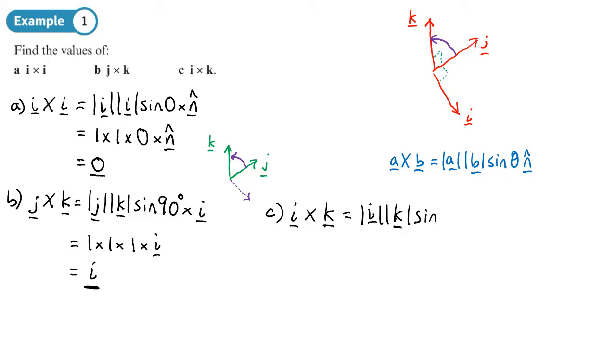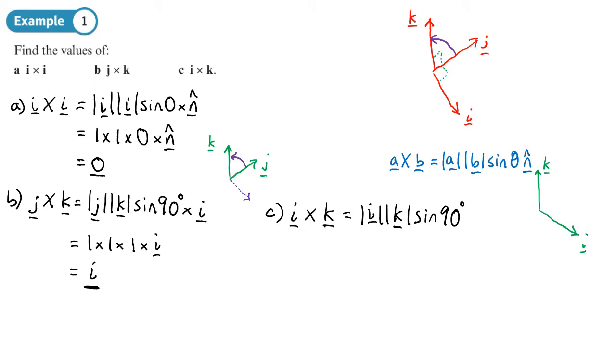So times sine 90. Now this is where we need to be careful. If I've got i cross k, which direction is that normal vector going in? So let's try and draw them here. So i and k going like that. So there's i there, there's k.